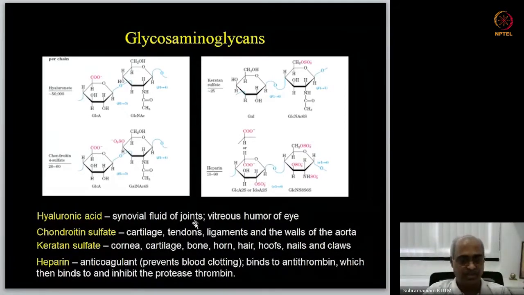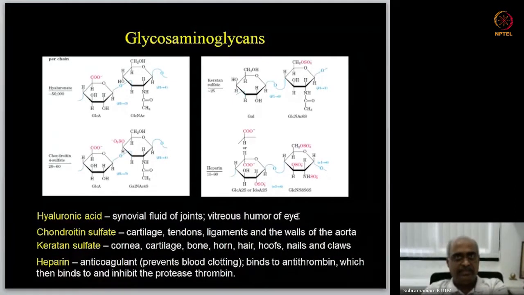The liquid produced by the cells around there, they secrete this hyaluronic acid, and that gives a good lubrication. It's kind of a jelly thick liquid, and that consistency comes primarily from this long chain with multiple polar groups in them. And similarly, the vitreous humor of the eye.